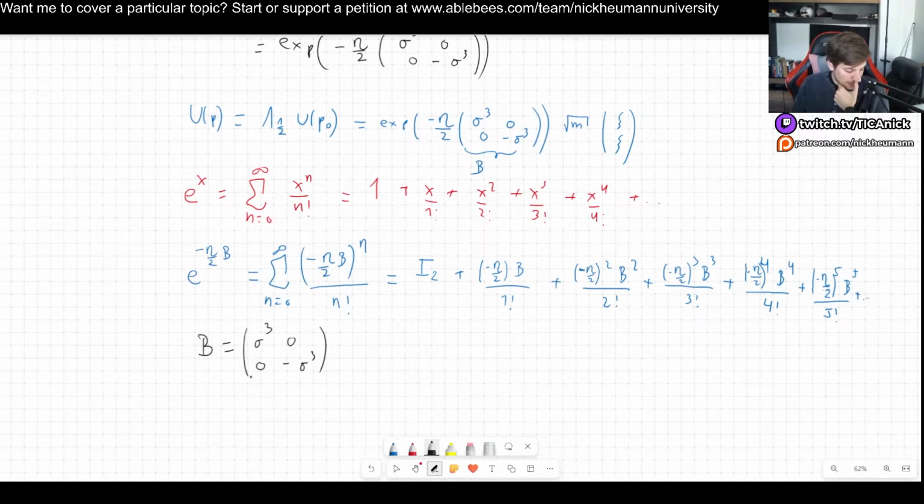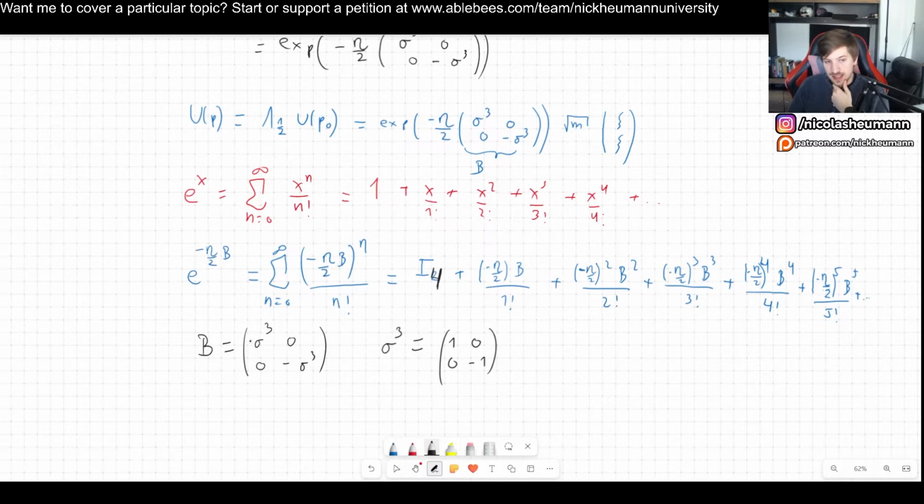But sigma 3 itself, what size is it? Oh, by the way, this is actually going to be the 4 by 4 identity, not the 2 by 2, sorry. Anyways, our sigma 3 is 1, 0, 0, minus 1.